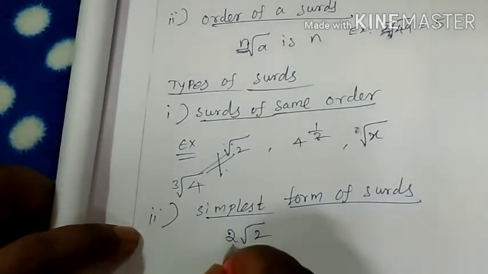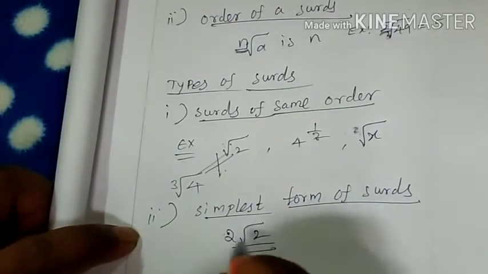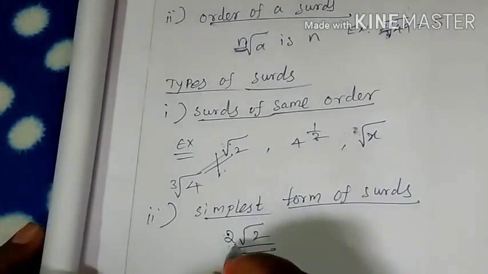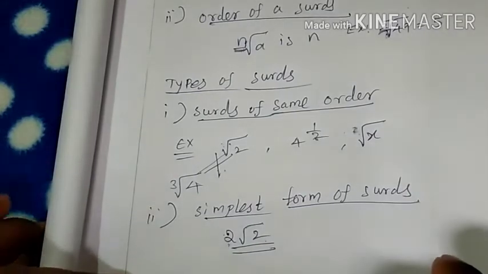This is the example of the simplest form of the sets. The expression can be written as the product of rational and irrational factors.